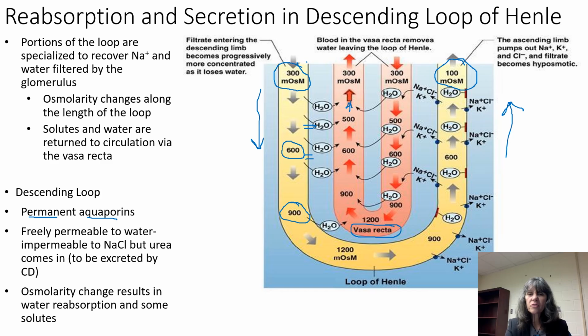That forms what's referred to as a counter current. Counter means against. So a counter current mechanism means that the current or the flow of fluid in the vessels is moving in opposite directions. So in the descending limb of the loop of Henle, we go from an osmolarity concentration of 300 milliosmoles to 1200 milliosmoles as water is lost from the potential urine and goes into the vasa recta.